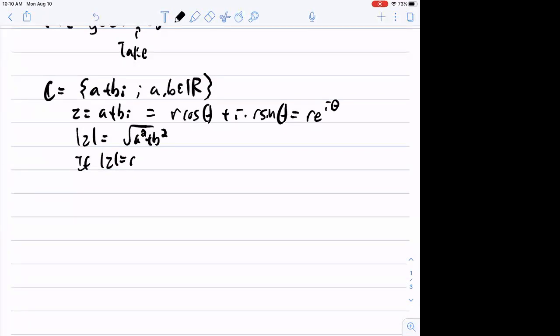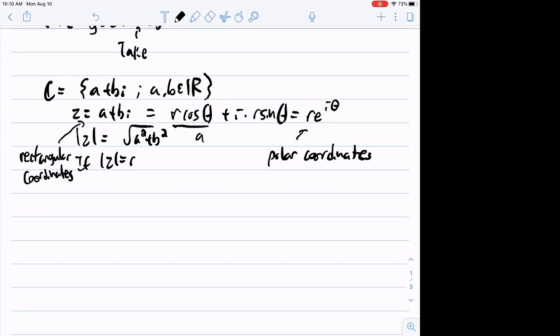So this is, I think people call it rectangular coordinates, and then this is polar coordinates. And it's clear that this is your a, and this is your b.